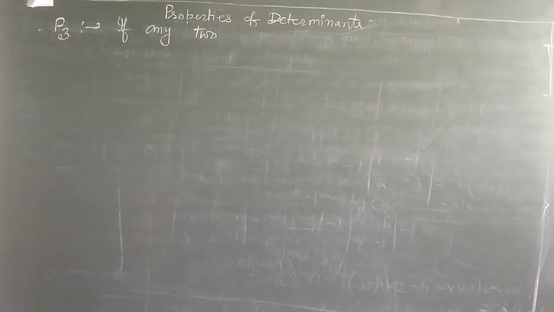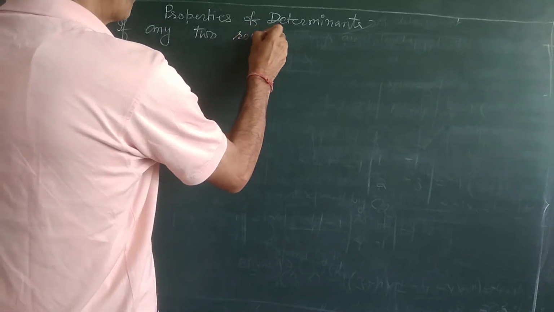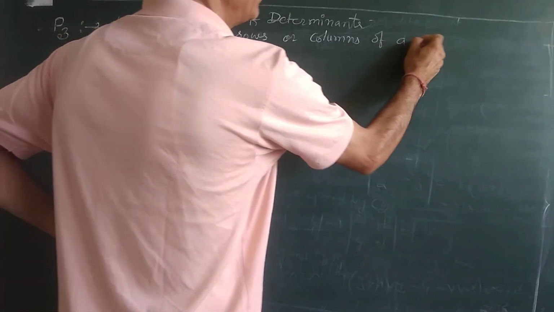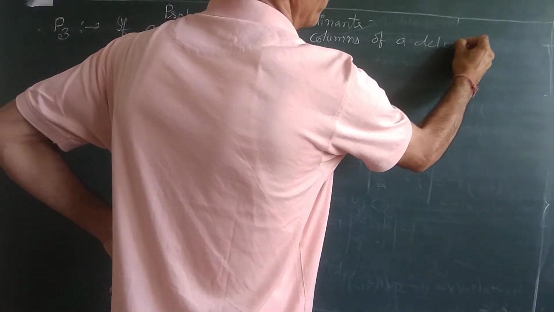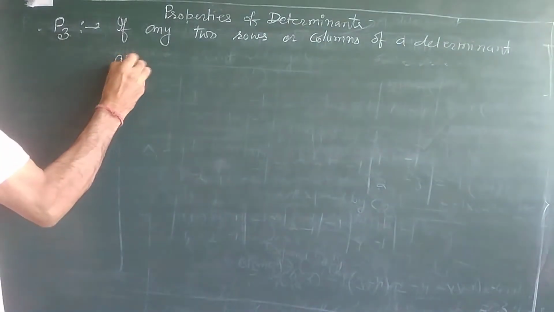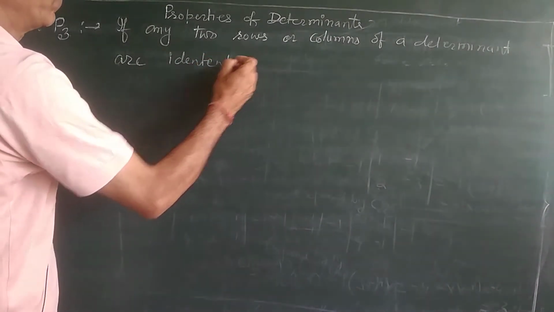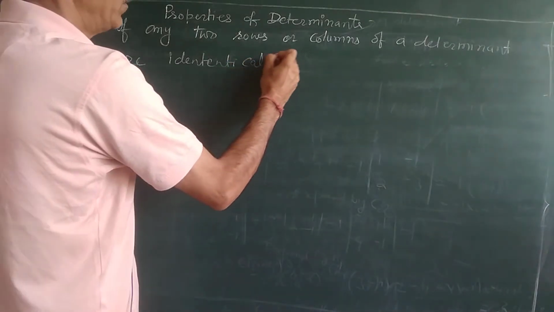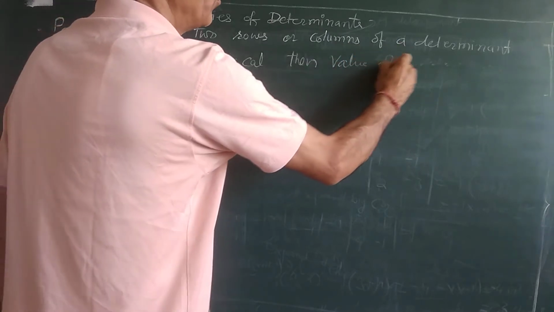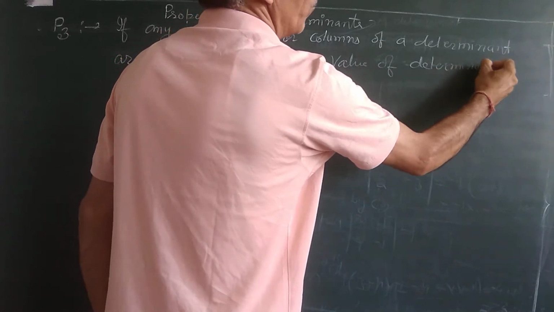Now the third property is: if any two rows or columns of a determinant are identical, then the value of the determinant vanishes.